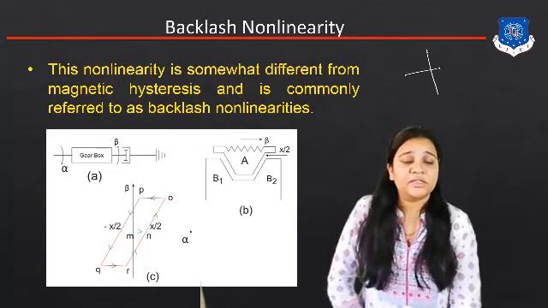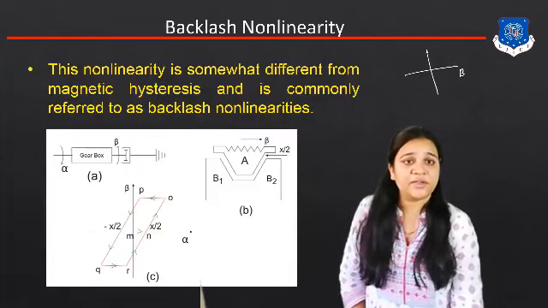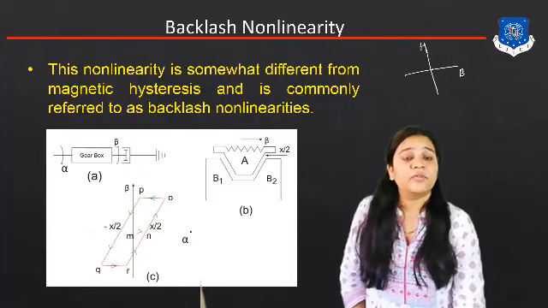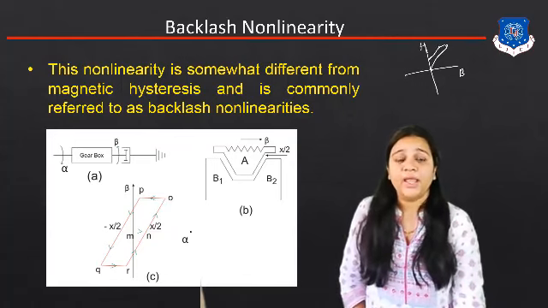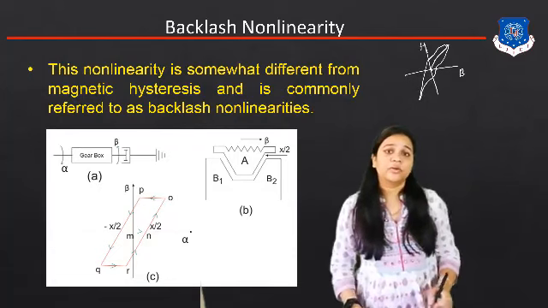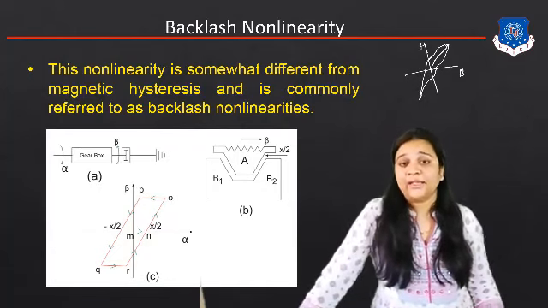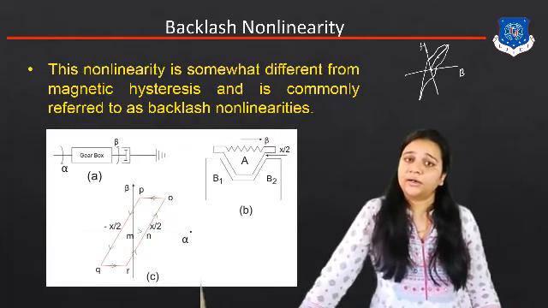Whenever we deal with hysteresis, generally the graph is B versus H. If we increase the value of B to a certain level, we get some point, and after that point, if we increase the value of B, H will decrease, then go to the negative region, and then go to the positive region. So backlash non-linearity is used whenever we deal with some type of mechanical system.